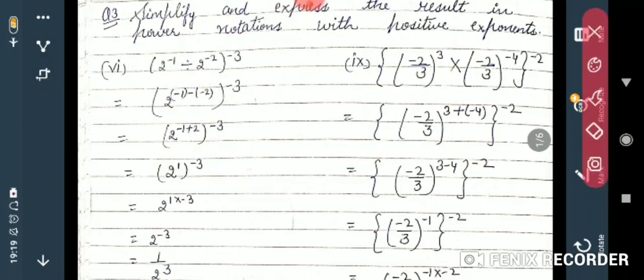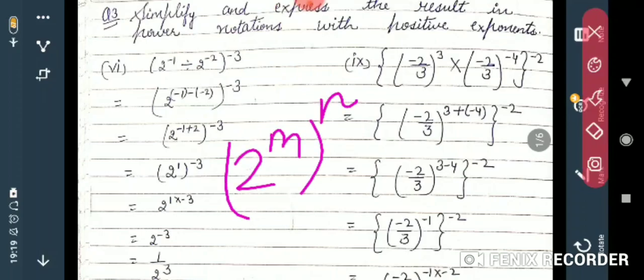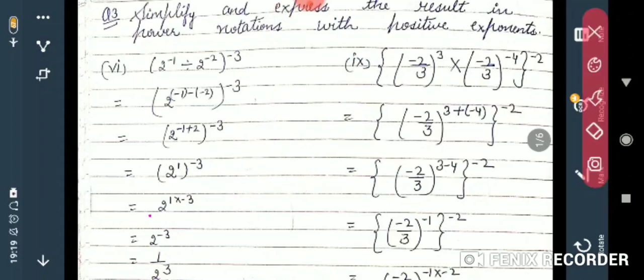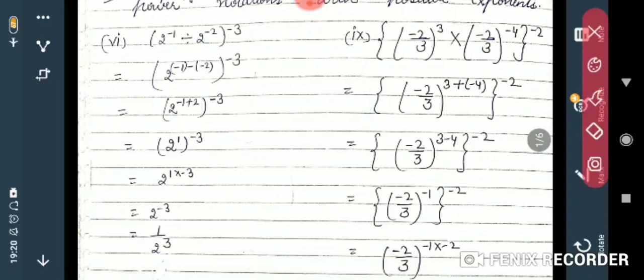Now just see, it is in the form of 2 to the power m, whole to the power n. If it is in this form, then powers are multiplied. So 2 to the power 1 multiply minus 3. What will we get? 2 to the power minus 3.